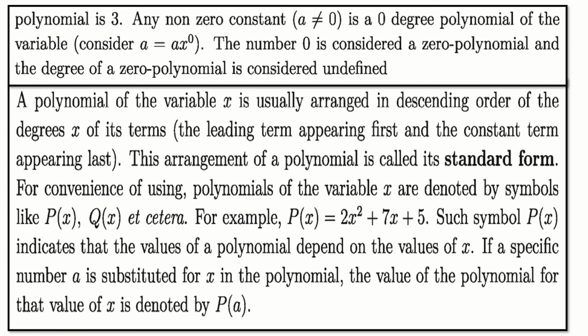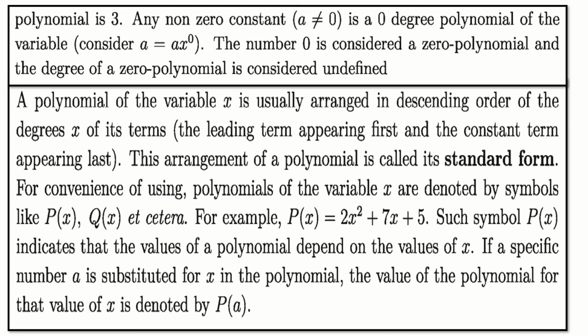That means the leading term. The leading term means the term that includes the degree, the highest power. The highest power is the degree of this polynomial. So the term including the highest power or degree is the leading term, that will be first, and the constant term will be the last.